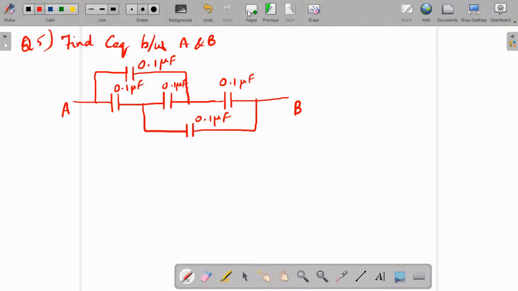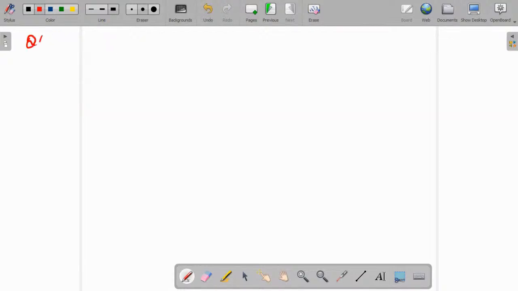Next, question number 6. Find R equivalent across AB.